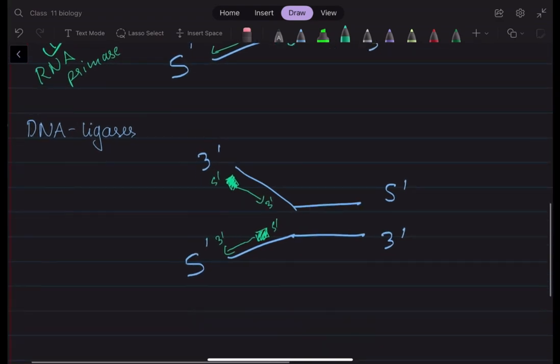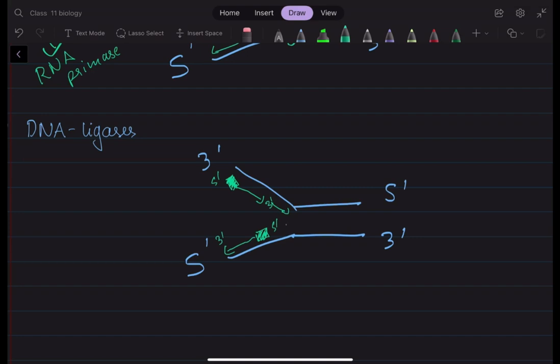Now for this strand, there is no problem. The DNA polymerase can continue its work with the 3' end over here. But for this strand, we have to place DNA over here, but we have the 5' end over here. That is why we cannot proceed like this.